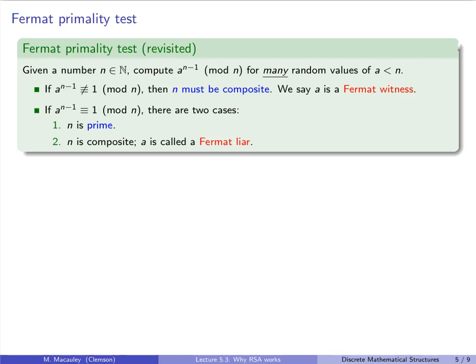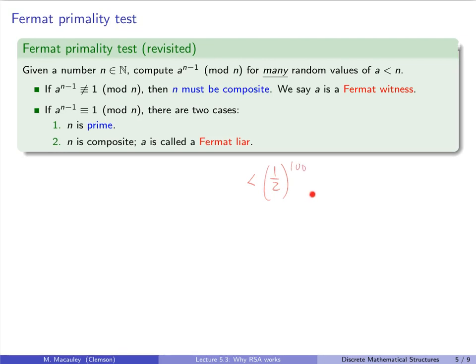And basically, more than half of a's will be Fermat witnesses. Or I should say, if there is a Fermat witness, then more than half of possible a's will be them. So in other words, we have less than a 50-50 chance of getting a Fermat liar, which means that if we pick a random value of a 100 times and we get Fermat liars 100 times in a row, then the chances of just getting unlucky and the number being composite is less than 1/2 to the 100, which is astronomically small.